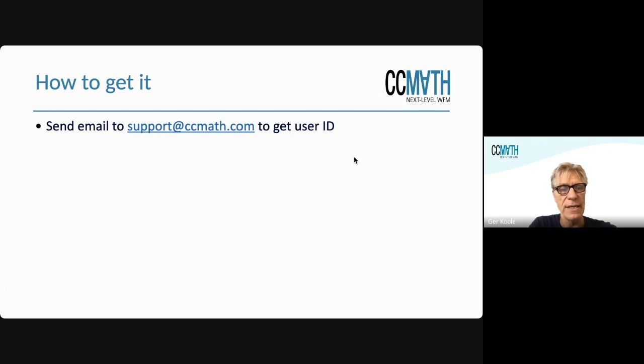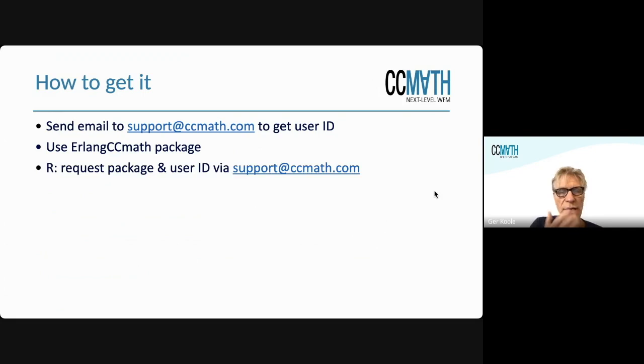How to get it? Well, as we already said, just send an email to us. That can be either directly to Berkan or just to our support channel, where people can get you a quick license ID, and then we'll let you know how to get access to this package. Same holds for R. Again, we focused on Python because we realized that is what most people are interested in.